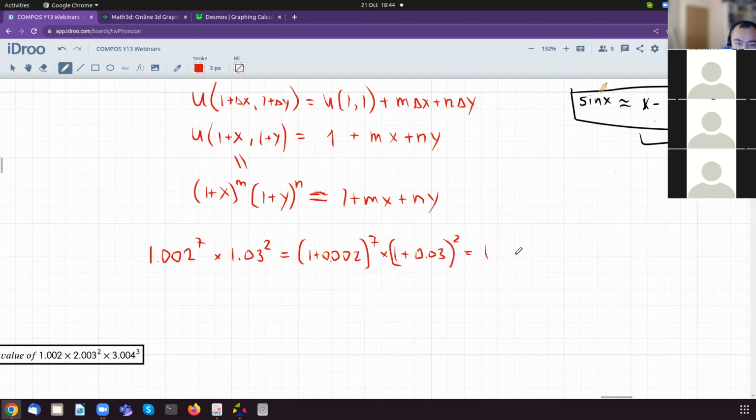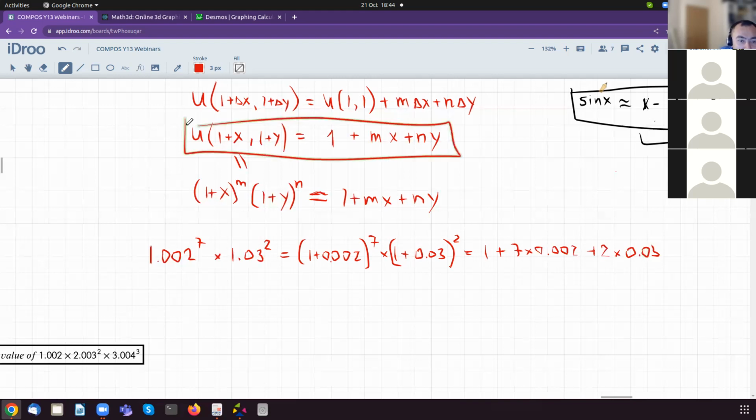So it's going to be 1 plus 7 times 0.002 plus 2 times 0.03. Like this one and this one.